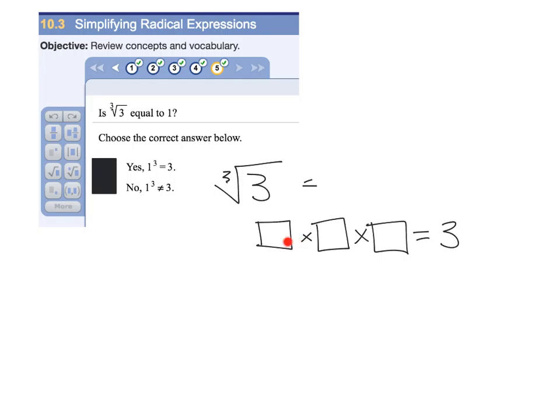And of course, it has to be the same number in all three cases. And if they're asking, is it equal to 1, all you have to do is put in 1. And last I checked, 1 times 1 times 1 is equal to 1, not 3. So the answer is definitely no.